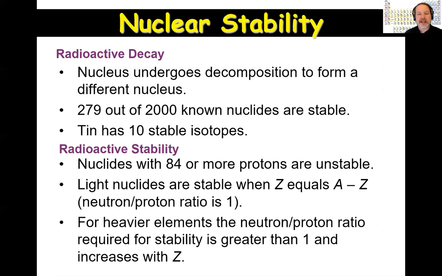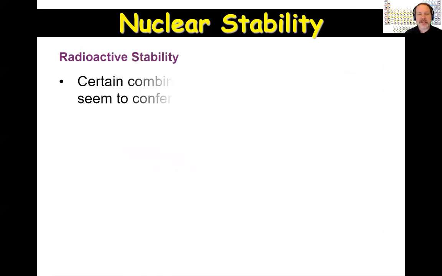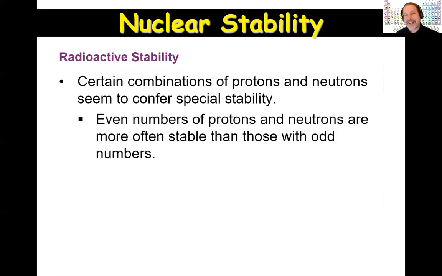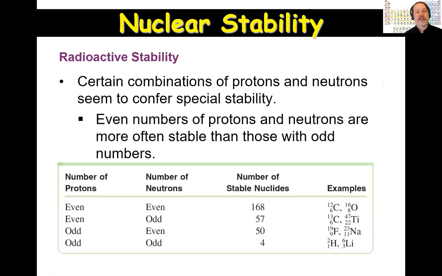And once again, why is not something we're going to spend time talking about, but rather just observing some trends in behaviors. Certain combinations of protons and neutrons seem to confer special stability, kind of like what we see with electrons in various elements. Even numbers of protons and neutrons seem to be more stable.